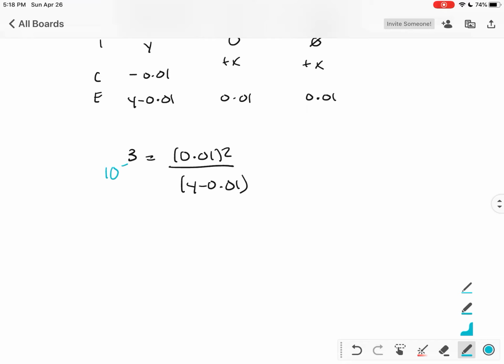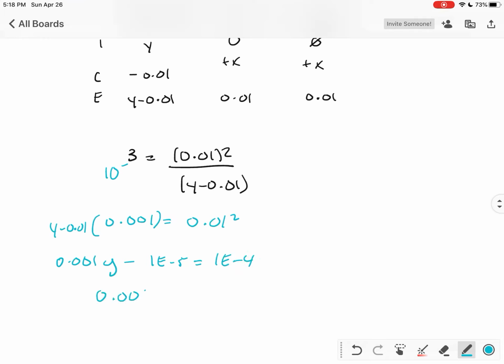Okay, so we get 10 to the negative 3, which is 0.001, equals 0.01 squared over y minus 0.01. So we get 0.001y minus 0.001 times 0.01, which is 1e to the negative 5th, equals 0.01 squared, which is 1e to the negative 4th.